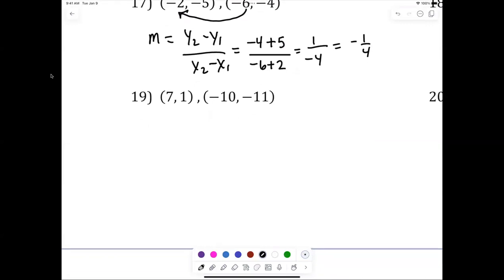All right, come on now. Write the equation. M equals y2 minus y1 over x2 minus x1. It helps you to learn the formula if you write it.